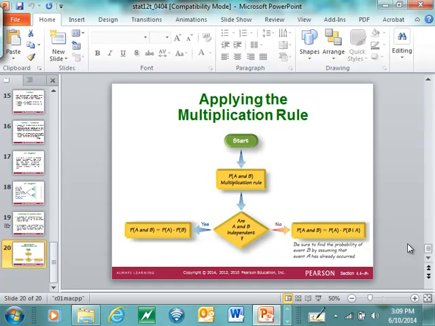So with that, we are done for today. If this were a probability of A or B, remember that you are adding. But for probability of A and B, you multiply their individual probabilities.